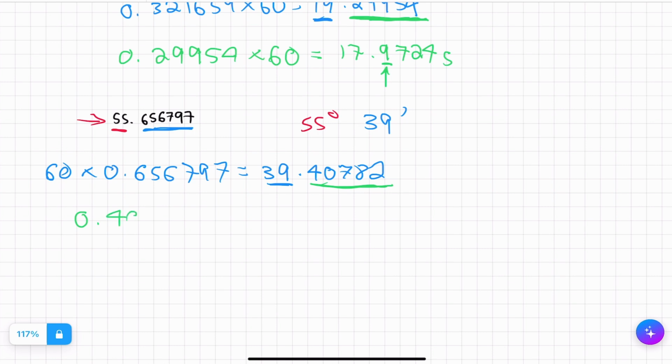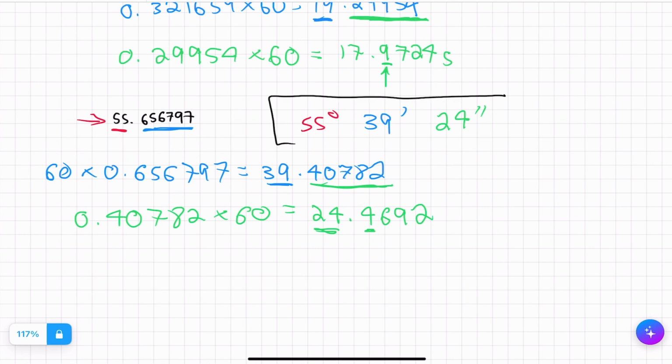So 0.40782 times 60. And you should get 24.4692 seconds. And since this is a 4, we'll keep this at 24. We have 24 seconds. So your final answer should have been 55 degrees, 39 minutes, and 24 seconds.